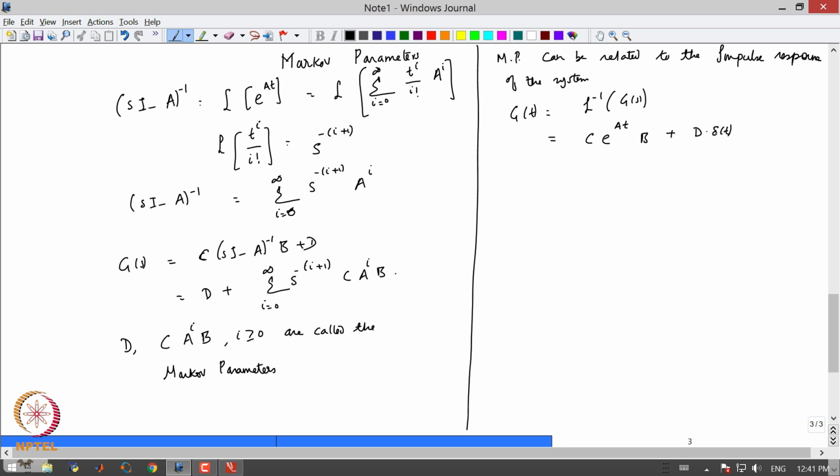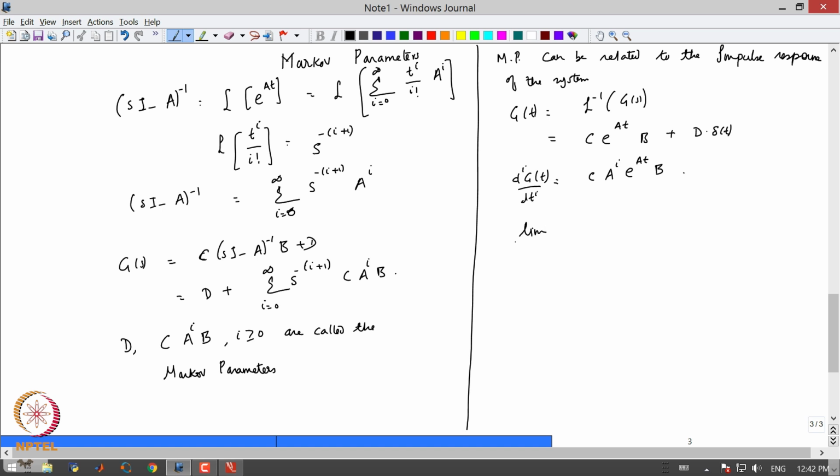Now, just take some derivatives. The ith derivative of G(t), d^i G(t) by dt^i, is C, with A power i, e power At times B, and the D will no longer be here. From this we obtain the following relationship between the impulse response and the Markov parameters.